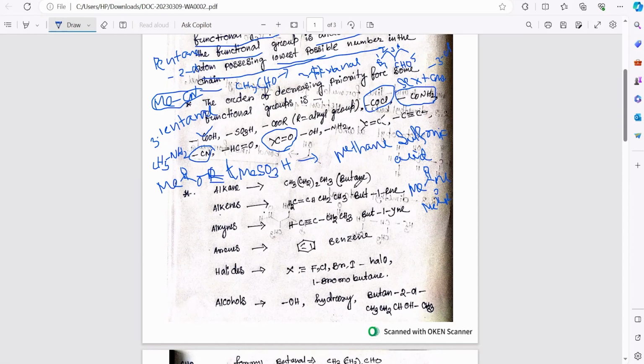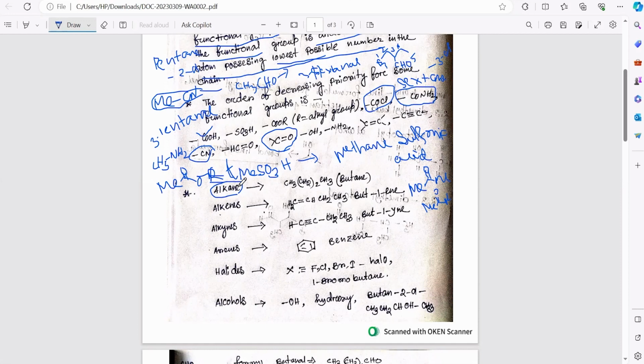Four carbon means but-, and if there is no unsaturated bond like a double bond or triple bond, then you can call it an alkane moiety. So now you can call it butane.